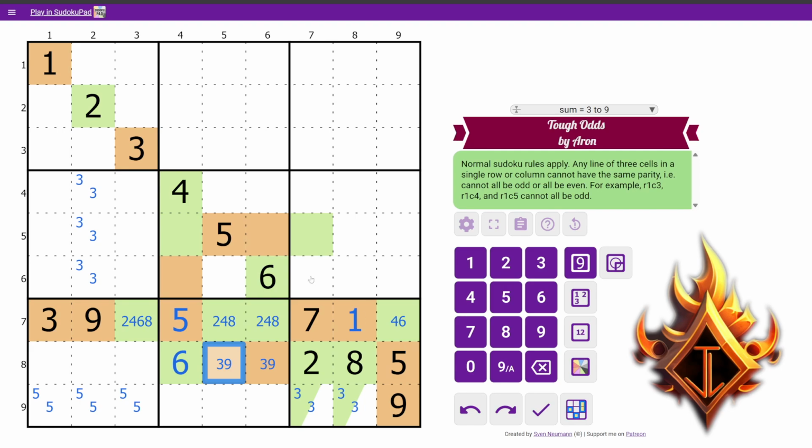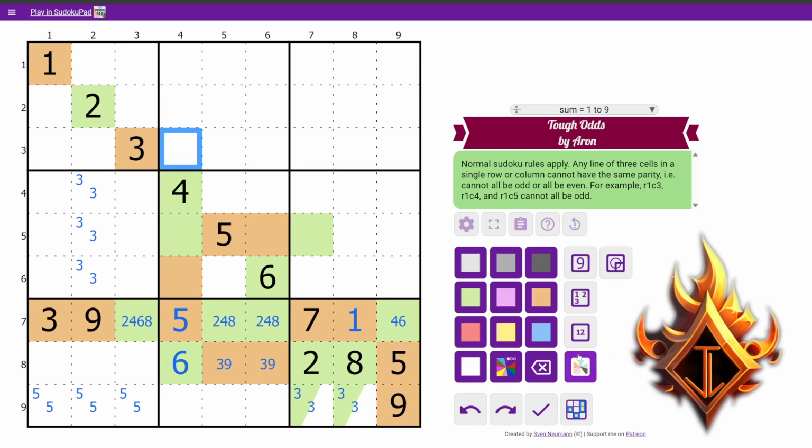Like that. This will be odd. These two will be even. These two will be odd. This will be even.